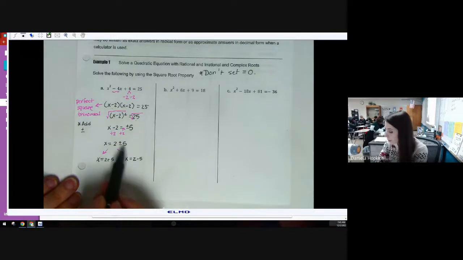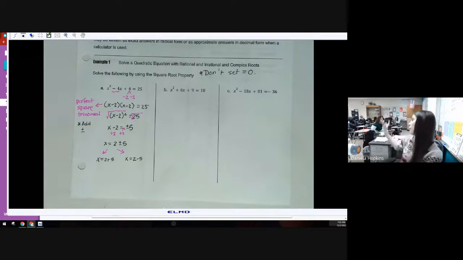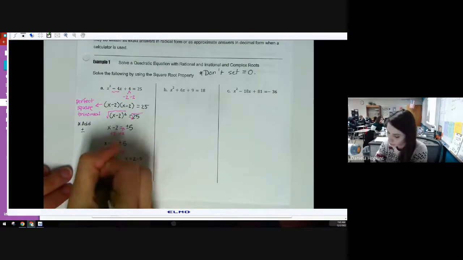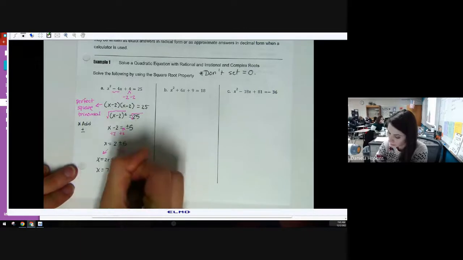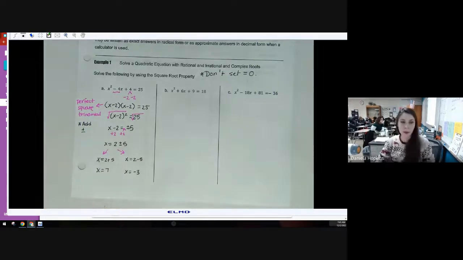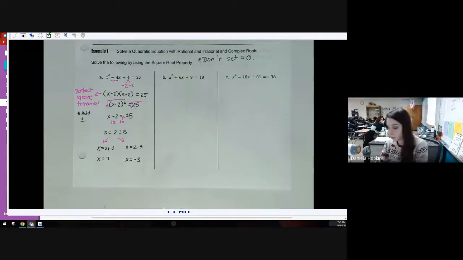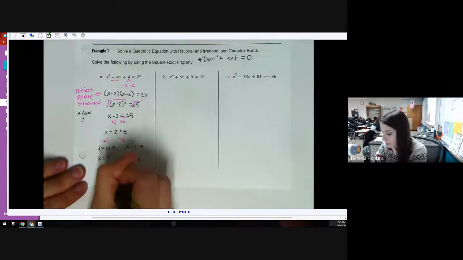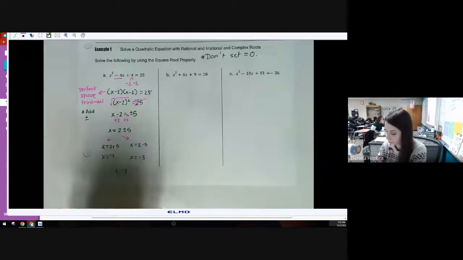That's all that plus or minus means, is you have a positive 5 and a negative 5. And you should have two solutions, because if you think about a parabola hitting that x-axis, it should hit it twice. Once if we're lucky. So then our solutions would be x equals 7 and negative 3. And on Go Formative, we would enter those as 7, comma, negative 3.